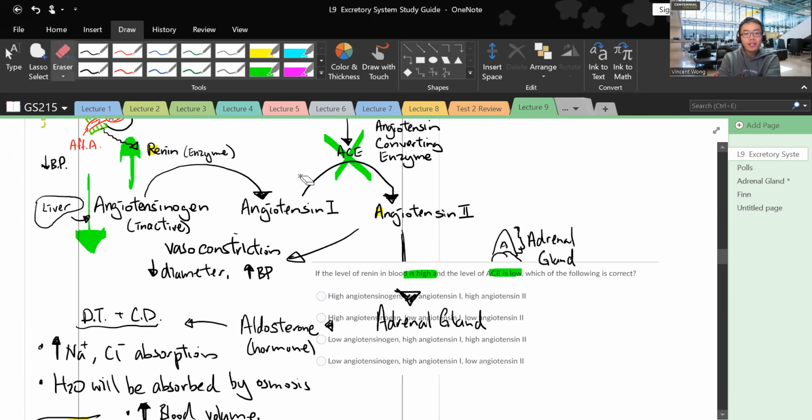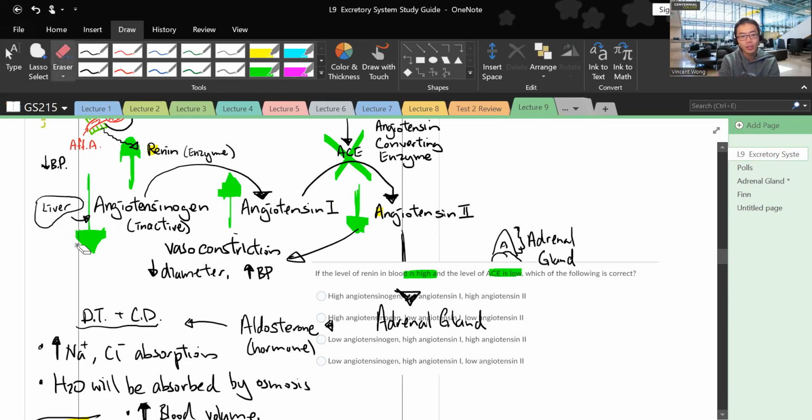And to go from 1 to 2, we would need to have ACE. But the question says we are low in ACE, not enough ACE. So without ACE, the angiotensin number 1 will be stuck here. We will not be able to go forward. So this will be high because it's not going anywhere. And we're not forming any angiotensin number 2, or we're forming very little of it. And so this is going to be low.